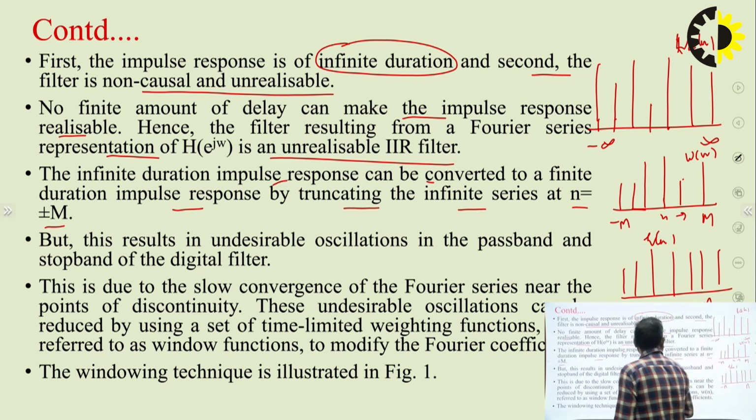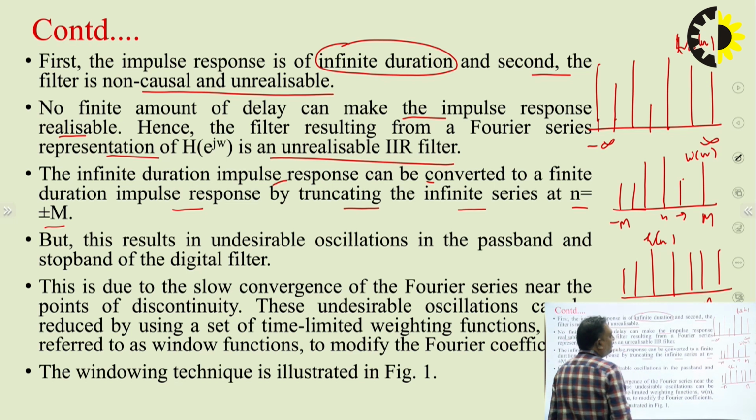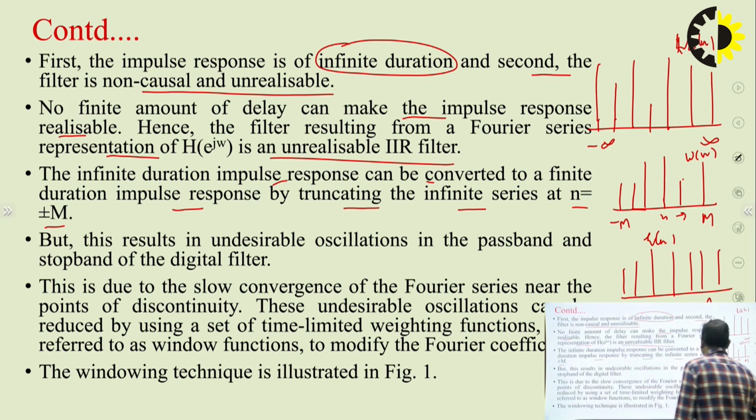Okay. But what happens if we simply truncate it using a window function? This results in undesirable oscillations in the pass band and stop band of the digital filter. Why?